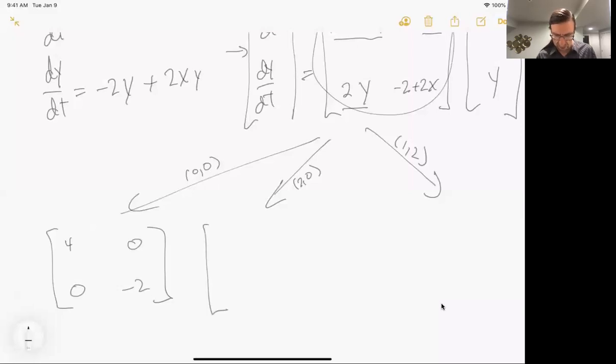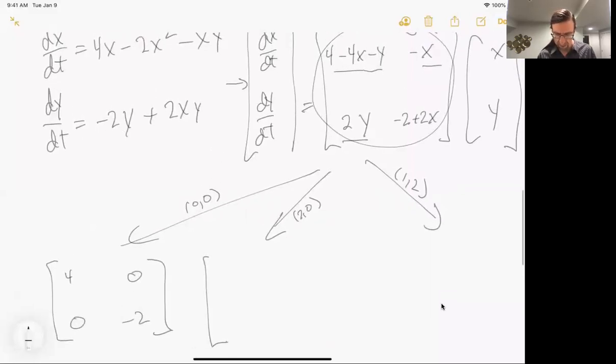All right, for (2, 0), x is 2 and y is 0. So when x is 2, in the top left I have 4 minus 8 minus 0. That sounds like minus 4 to me. The top right, I have minus x, and x is 2, so it's minus 2. The bottom left, I have 2y, and y is 0.